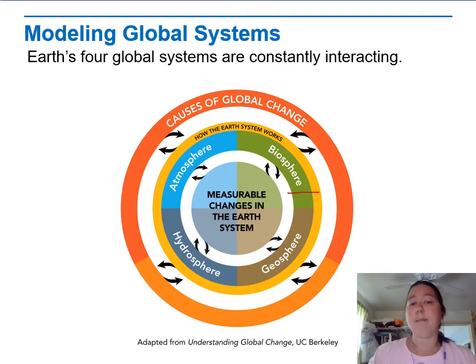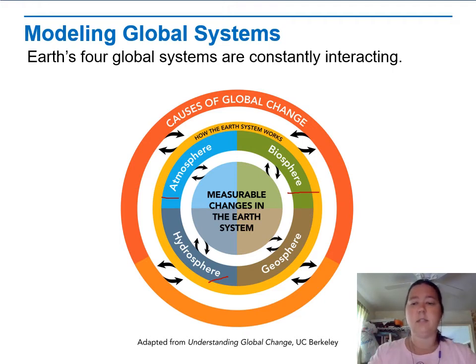We have the atmosphere, which is the air. Then we have the hydrosphere. Hydro means water, so that's all the water. And then the geosphere is the soil, the rocks, earth. Geo means earth. Over the course of time, all of these 4 systems are interacting on a daily basis.